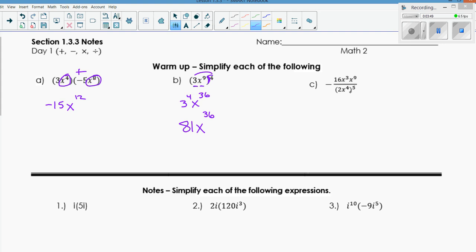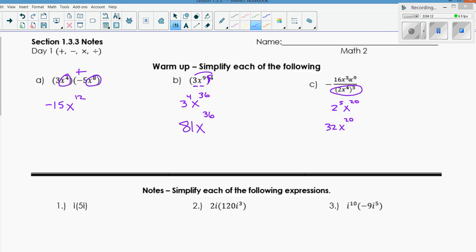Next, we want to do order of operations, which means I want to simplify the bottom first. I need to distribute the 5 to the 2, so that's 2 to the 5th, x to the 4 times 5 is 20. So 2 to the 5th is 2 times 2 times 2 times 2, 5 times, which you should have gotten 32x to the 20th.